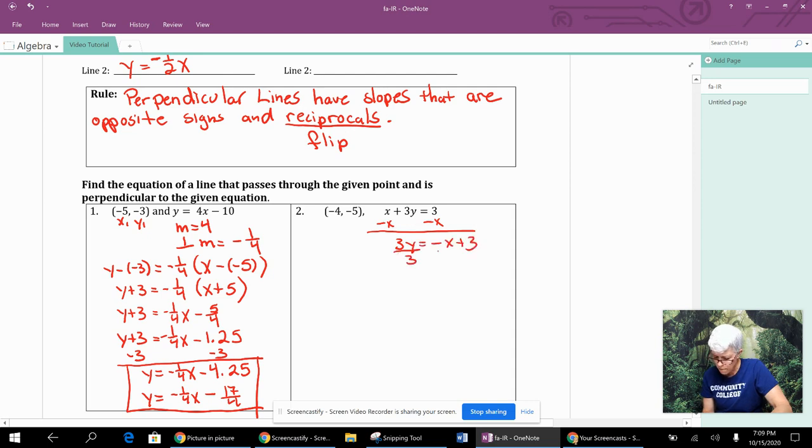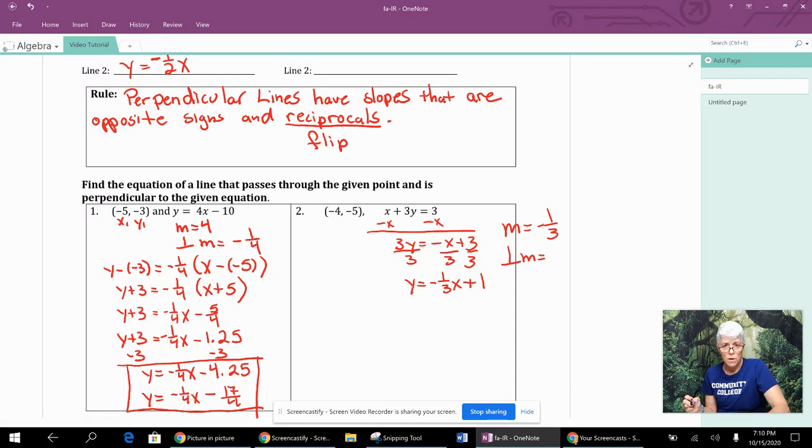I need to get the y by itself, so everything will have to be divided by 3. So I have negative 1/3 x plus 1. All right, my slope is negative 1/3. I want you to think about what the perpendicular slope would be.